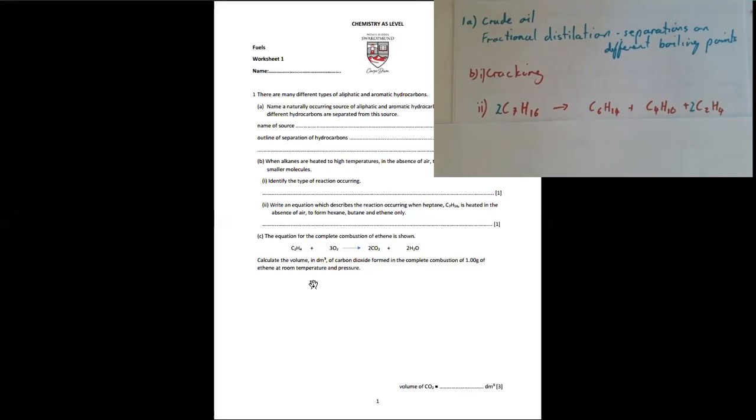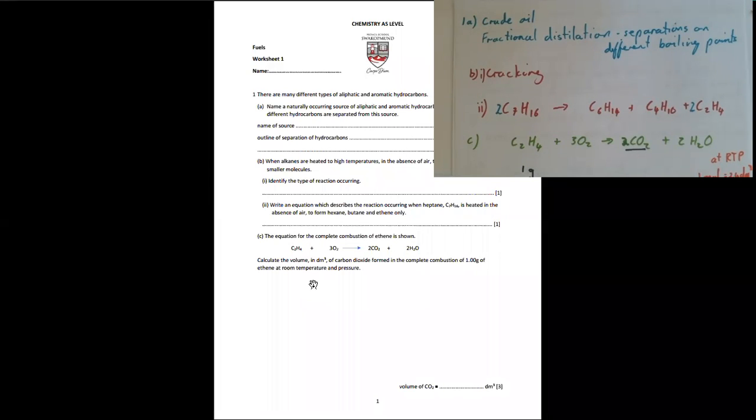Okay, let's move on to C. And now we've got this complete combustion of ethene. They say calculate the volume in cubic decimeters of carbon dioxide formed in the complete combustion of 1 gram of ethene at room temperature and pressure. Okay, so immediately there's some interesting detail that they give us.